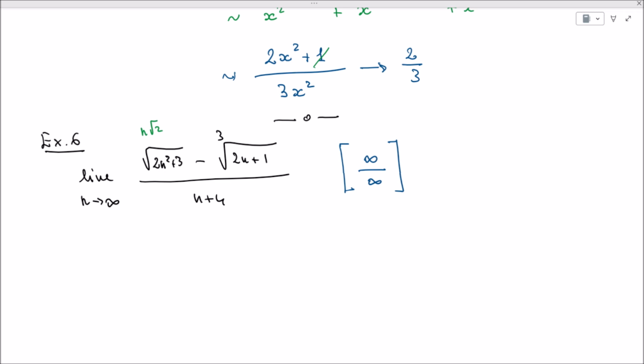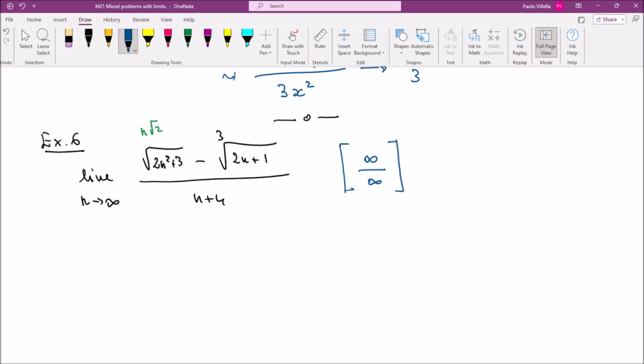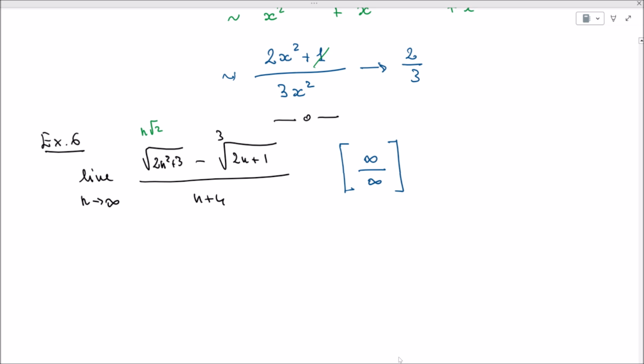So how can we solve this? Once again, we can make an approximation. If we keep only the leading terms when n goes to infinity, at the denominator we have just n, at the numerator we have n square root of 2, and we have basically the cube root of 2n.